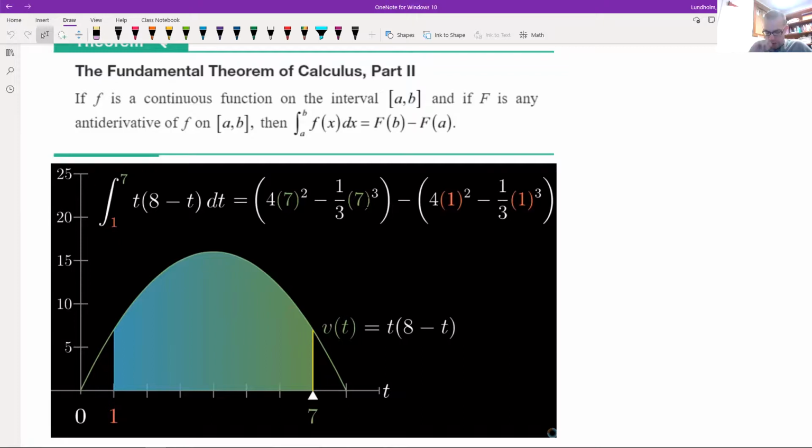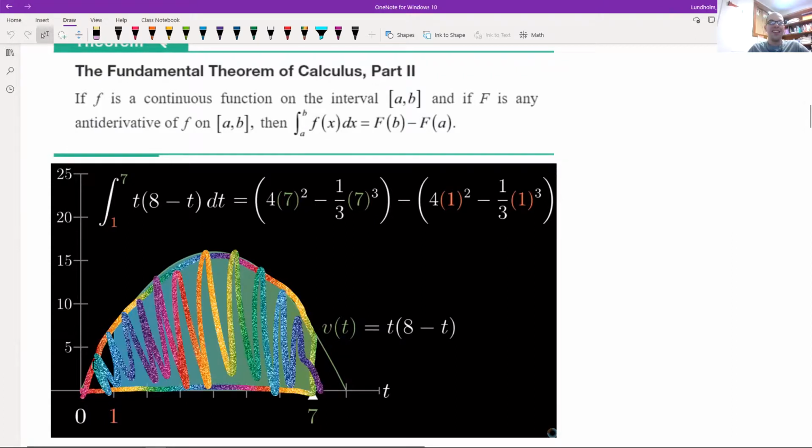All right, rainbow. So this entire area, including this spot over here, let's say that is the area function evaluated at 7.